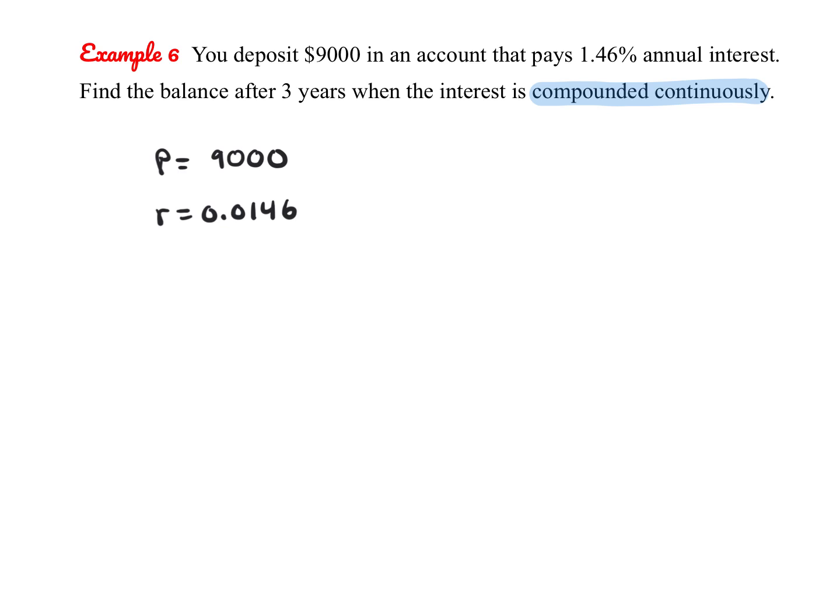As soon as you see those words, you know that we are using this model. So A equals P times E to the power of RT. So A is going to be 9,000 times E to the power of 0.0146 T. So this is going to be our model.